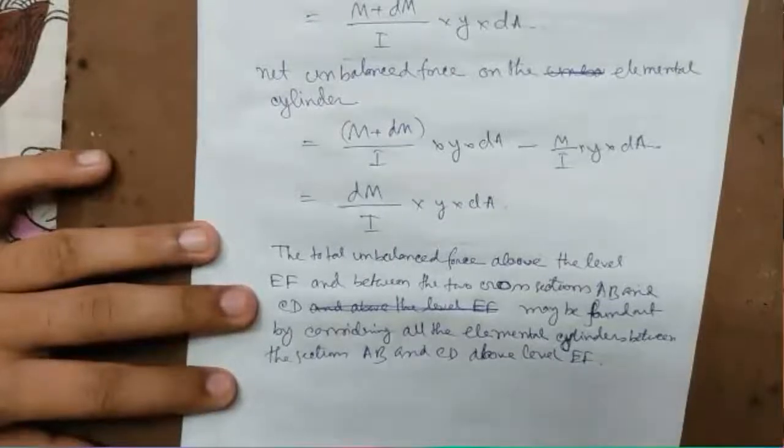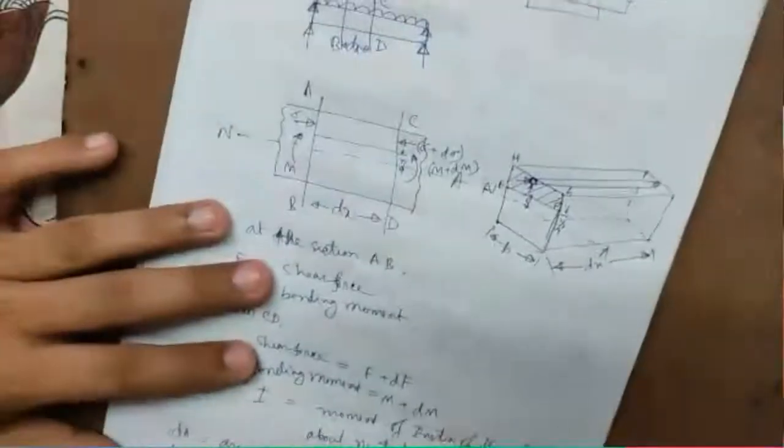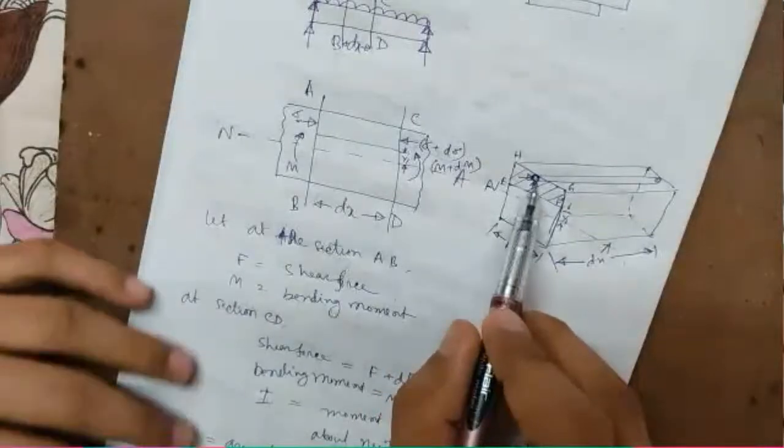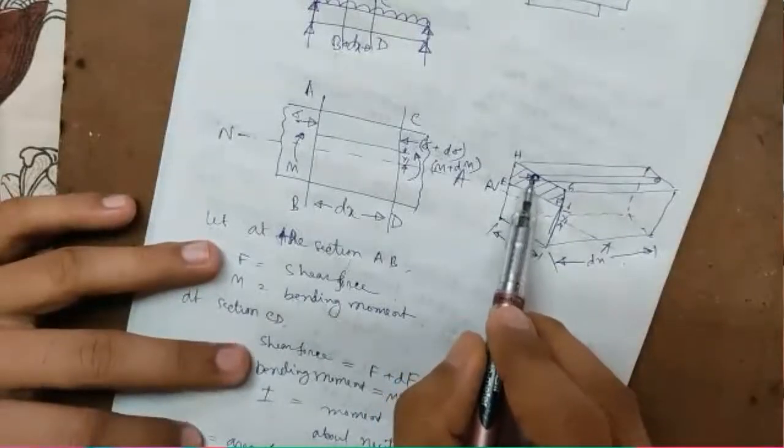What we are trying to say is, look at this image. We have found the unbalanced force due to this one elemental cylinder.